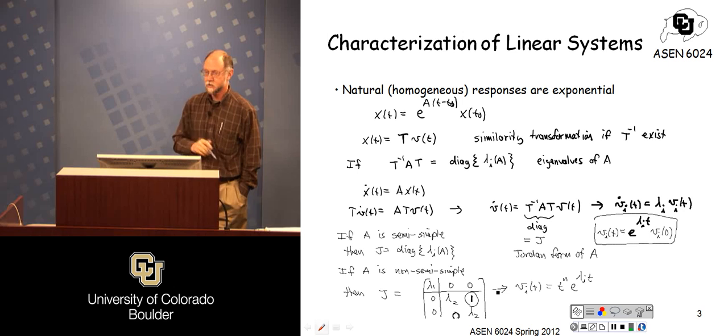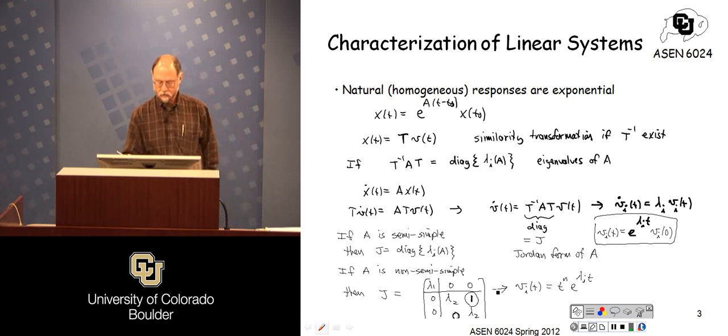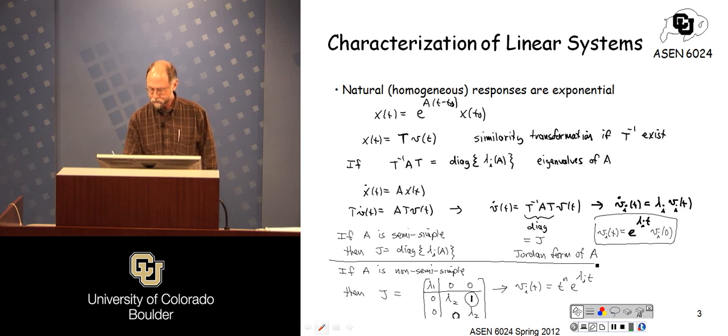Now, this gets back to the interesting thing that Aaron just brought up, you know, how often does this occur? Okay. And so it turns out these non-semi-simple cases here are what's called non-generic.